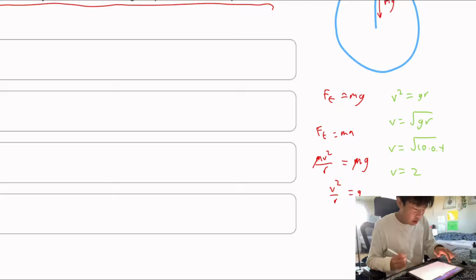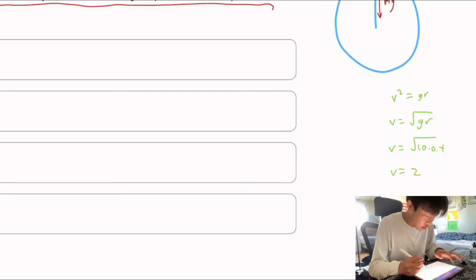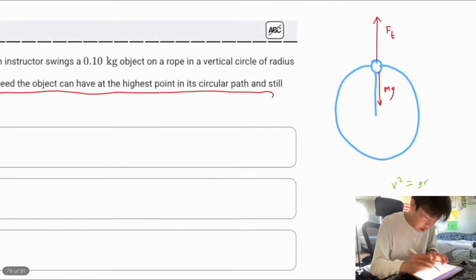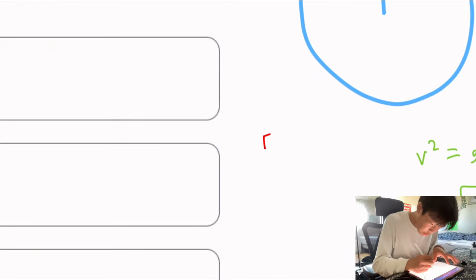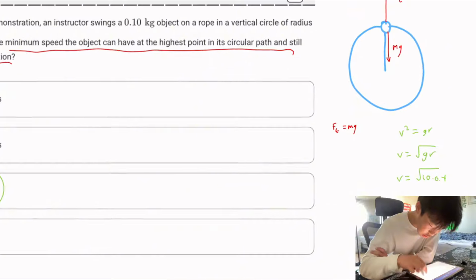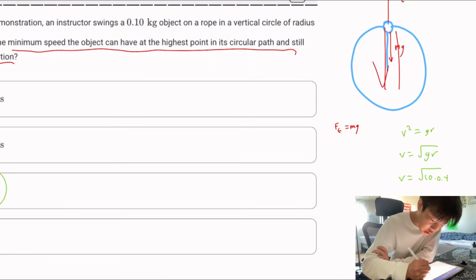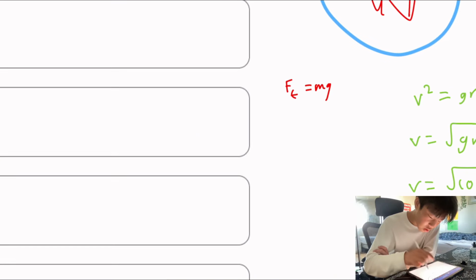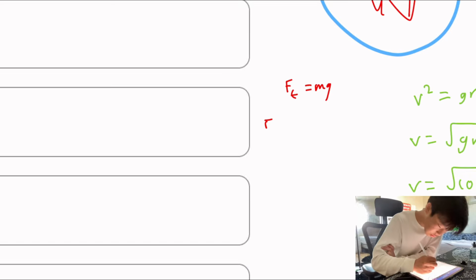I'm actually going to do this part again because I kind of explained it quickly. So Ft is only equal to mg when it's the minimum force required. Because if it was less than mg, then mg would overpower it and the ball would start falling down this way. Am I clear? So Ft is always equal to Fnet, which is always equal to ma.